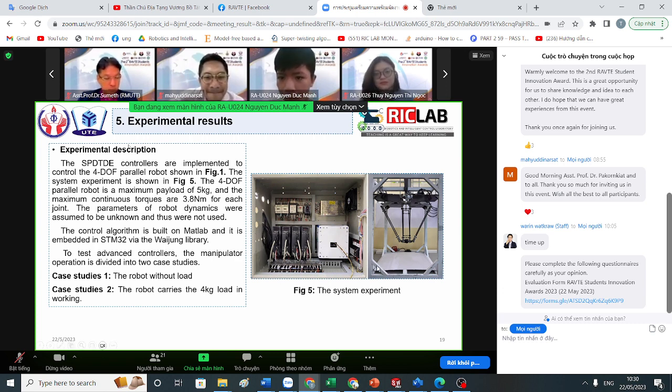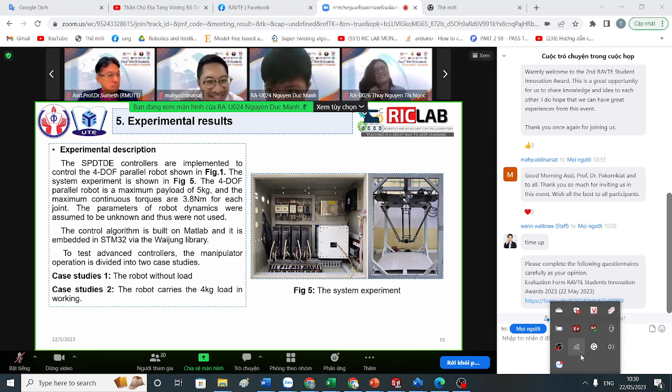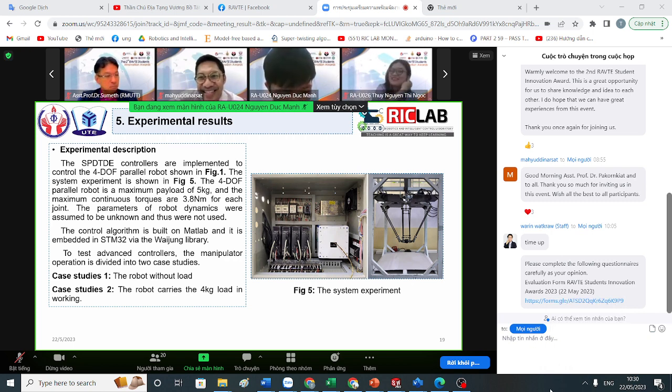Yes, it's another complicated project. Okay, but I have a question. Will this project be applied in other applications besides the industry? Yes. Can you give some example?